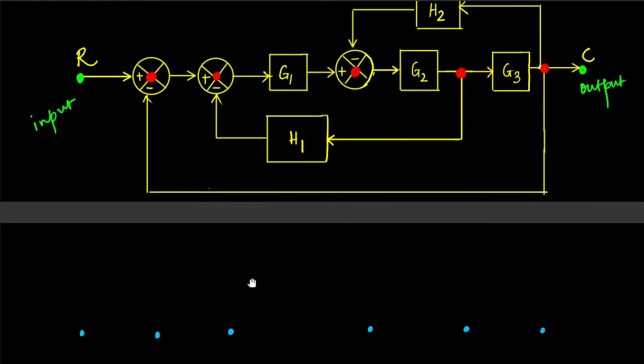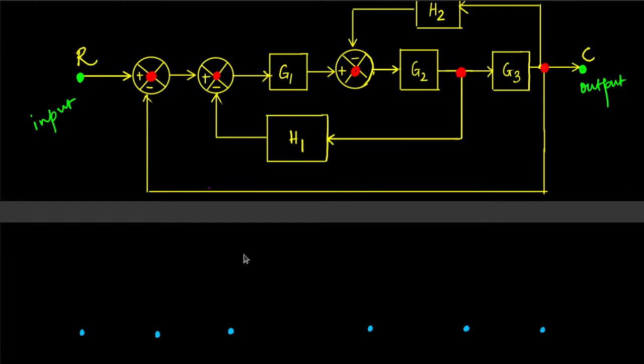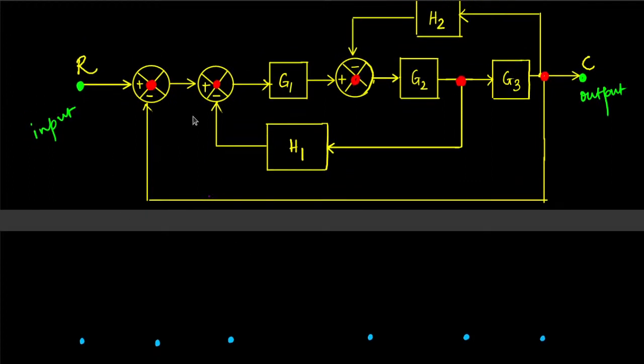And now I can actually depict the connections between them as well. Try to see this and understand it properly. You might get confused at certain points. So this is R, and this is C. Of course, a signal is traveling from R to this node in this direction.